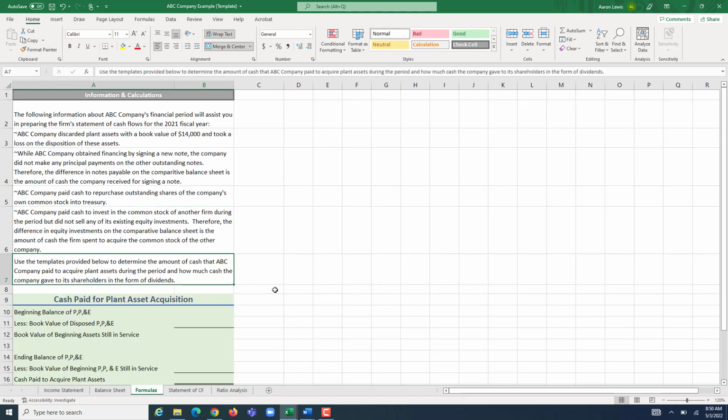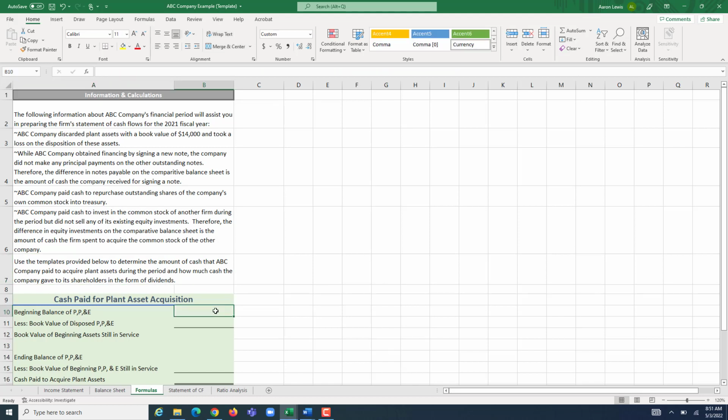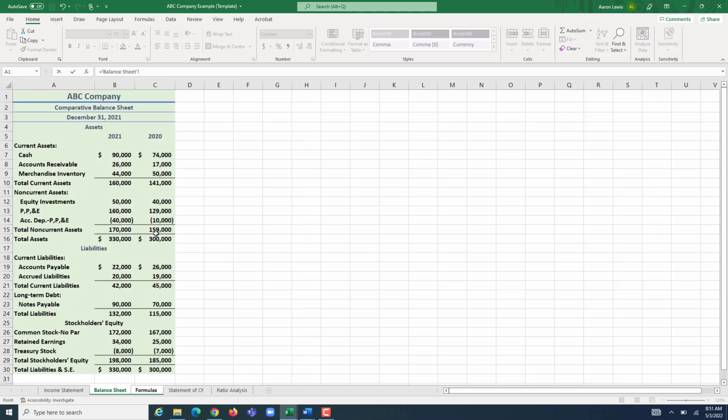And then we have some templates here because we need to figure out the amount of cash that we paid to acquire plant assets, and we also need to figure out the amount of cash that we paid for dividends. Let's start with plant assets. At the beginning of the 2021 business year, what was ABC Company's beginning balance of PP&E? Well, I'm going to go over to the balance sheet, and I'm going to see that at the end of 2020, we had $129,000.